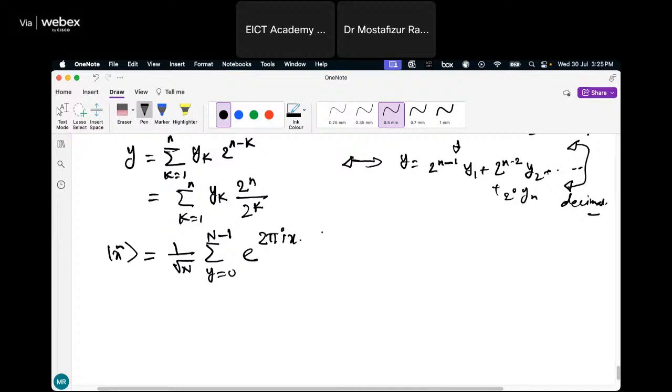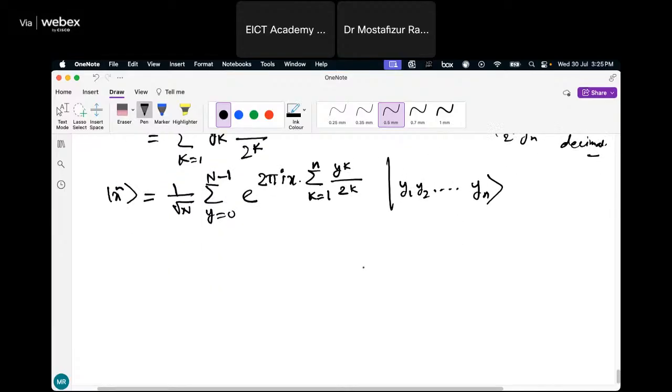These next 5 minutes are extremely important. I'm putting this summation here, with k equals 1 to n of yk by 2 to the power k. And here I am writing y1, y2, this entire bit string. So now the entire equation I have converted to the binary bit string.